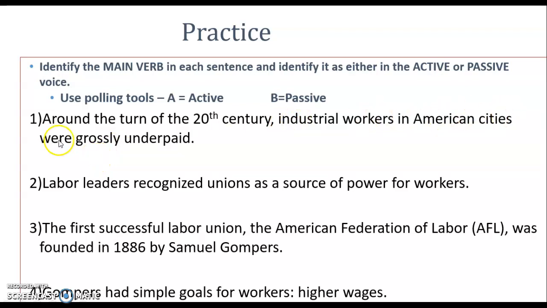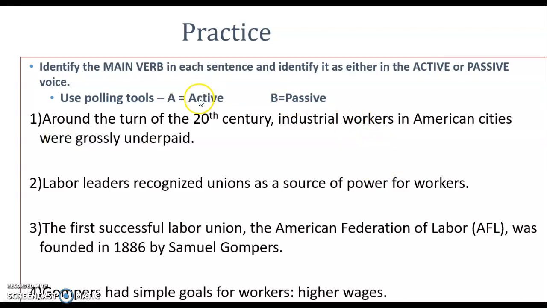The main sentence is: industrial workers in American cities were grossly underpaid. Here's my verb. Remember, I'm going to focus on the verb first to identify what is the verb and what is the subject. Were underpaid is my verb. Who were underpaid? The workers were underpaid. So now I've identified my verb and subject.